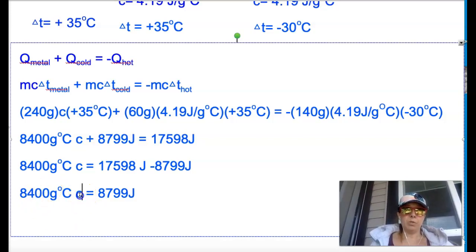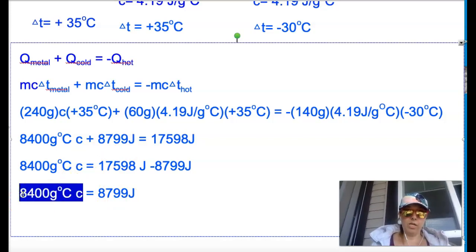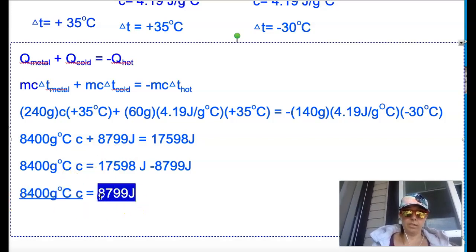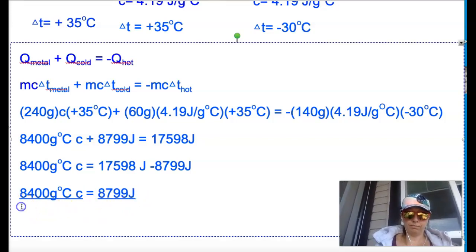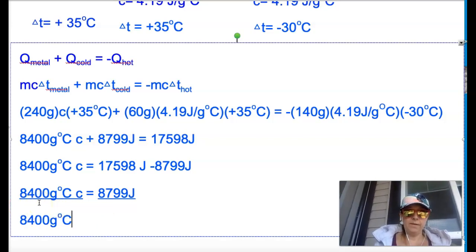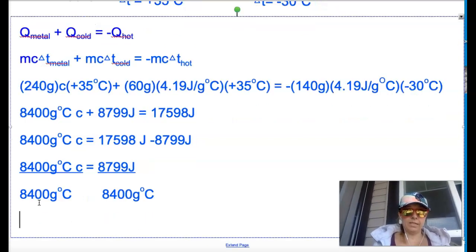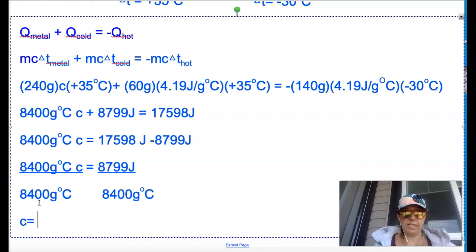So now I need to be able to isolate this C, right? So basically what I'm going to have to do is divide both sides by that 8,400. So we're going to divide both sides by 8,400 grams degrees C, so that we can get rid of it on that side and get just what our C is going to be.